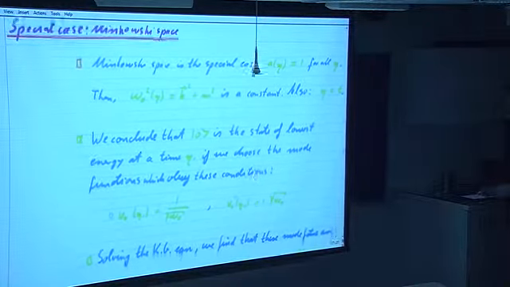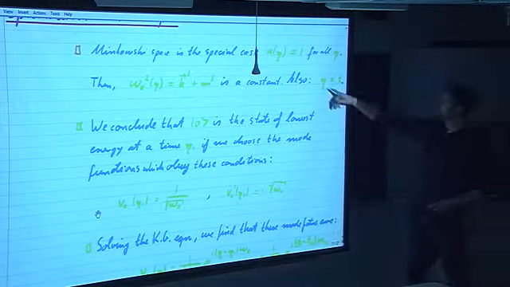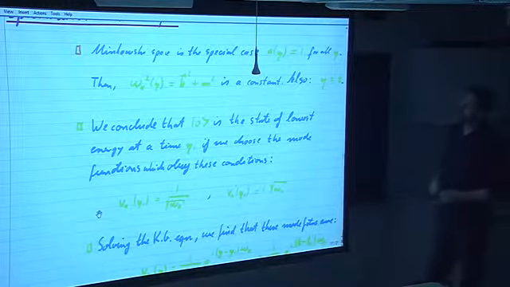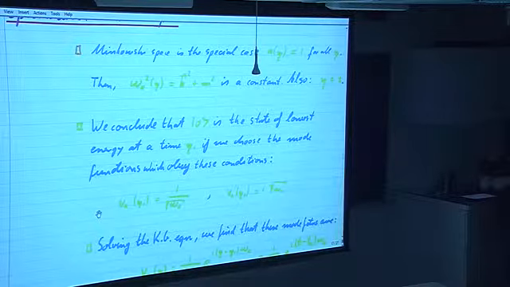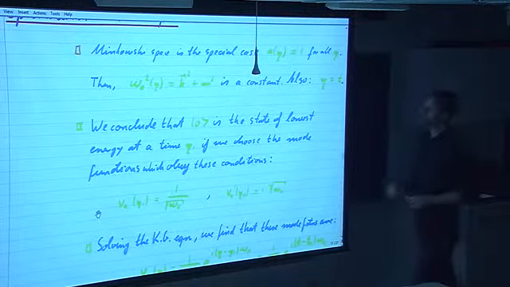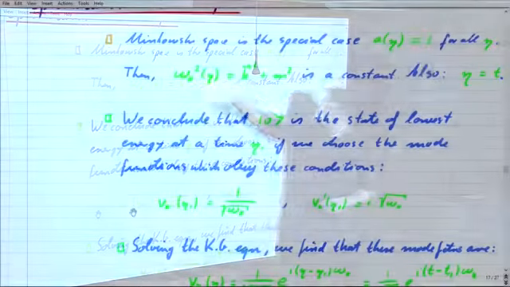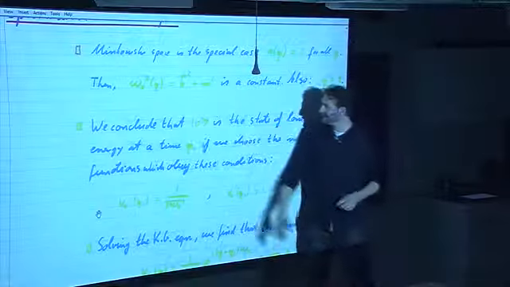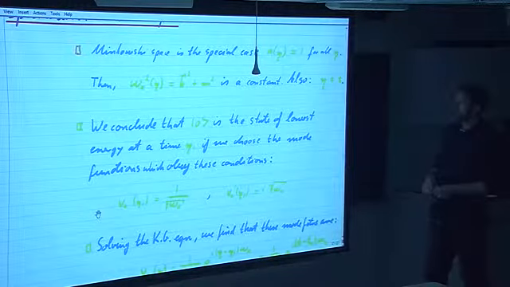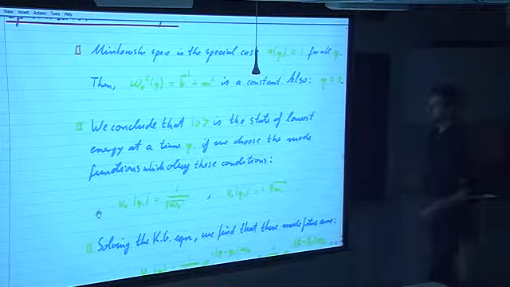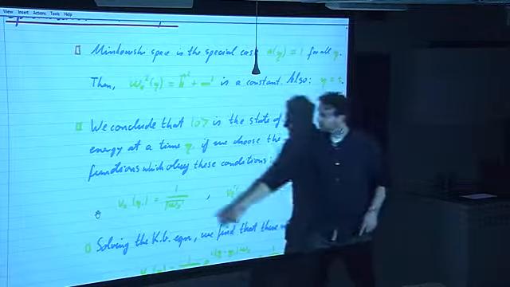Also the conformal time is then just the ordinary cosmic time. And then we conclude that the vector that we found, this vector 0, is the state of lowest energy at time eta 1, if we choose the mode functions which obey these initial conditions.